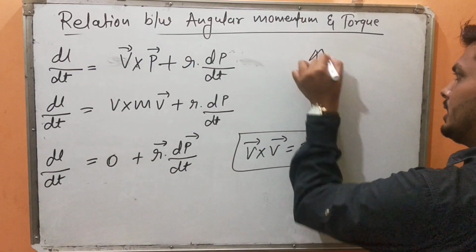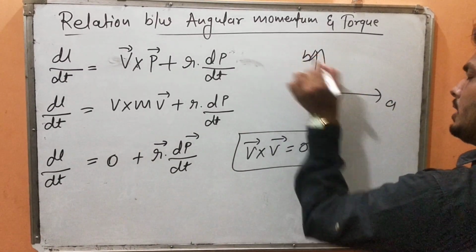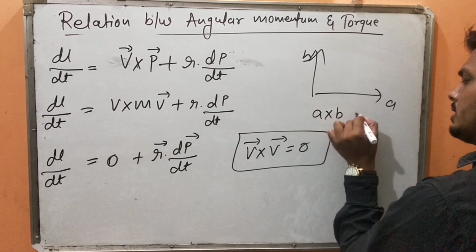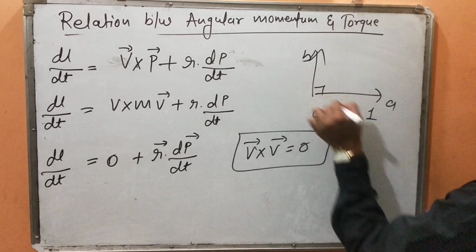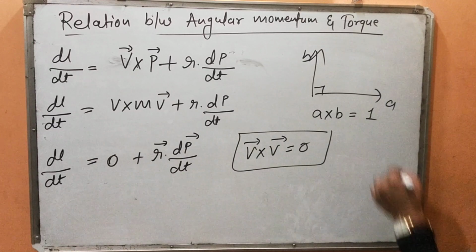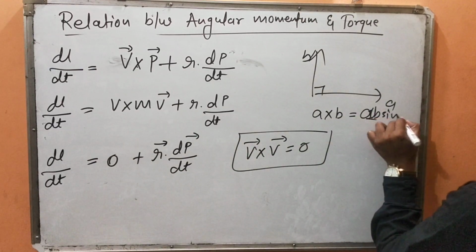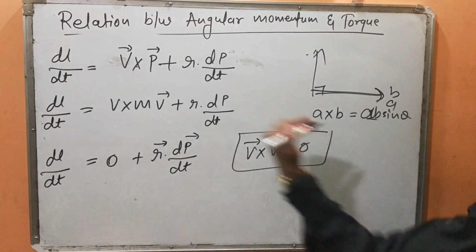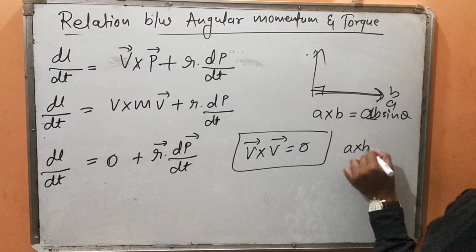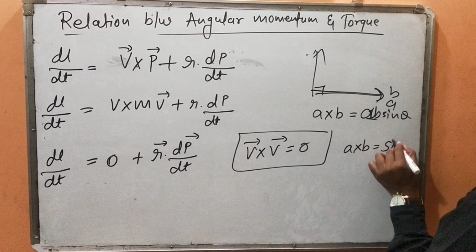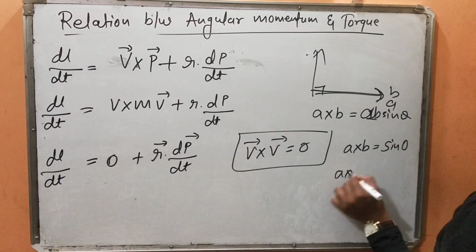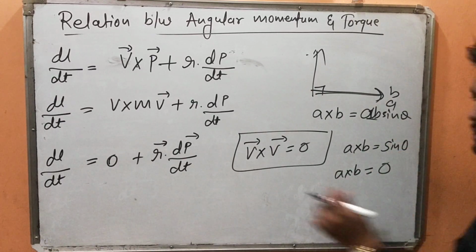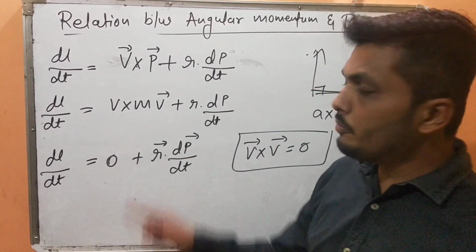Yes or no? Like see here, A and B. What is the cross product of A and B? Here it will be 1, because the angle between them is 90 degrees. That is AB sin theta. If A and B are along the same straight line, if they are parallel to each other, what is A cross B? Sin theta will be 0 for 0 degrees. So A cross B will be 0. So similarly, v cross v, what does it mean?